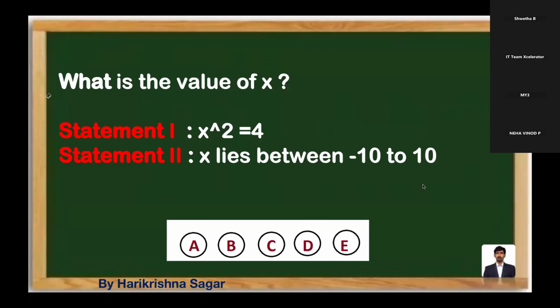Approach is very important. So why D? Nice question. D indicates each statement alone is sufficient. And do remember, always while solving data sufficiency questions, you need to get a single unique answer. You should not get multiple answers.